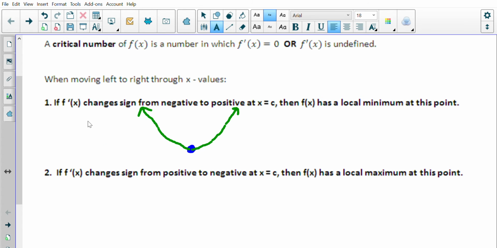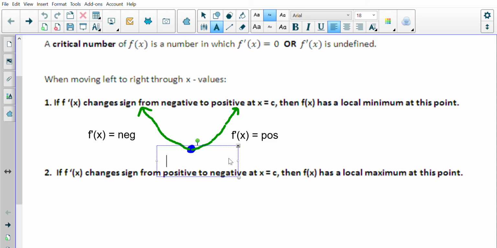So again, over on this left-hand side, before the blue dot, before x equals c, our derivative there is negative. And then it switches after that blue dot, the derivative switches to positive. And so again, that is why we have a minimum value.